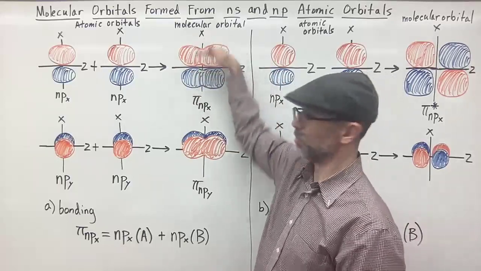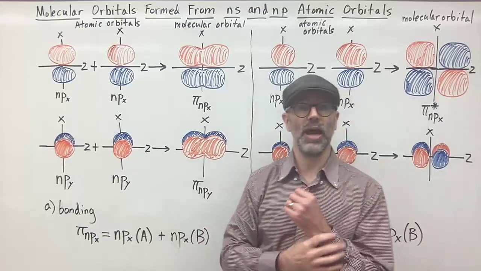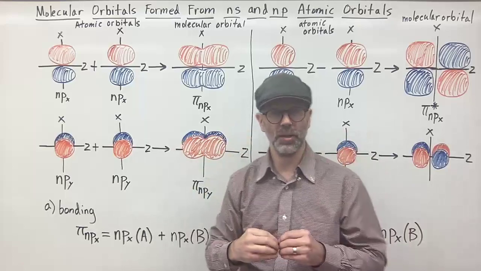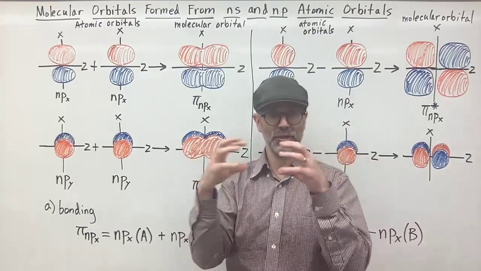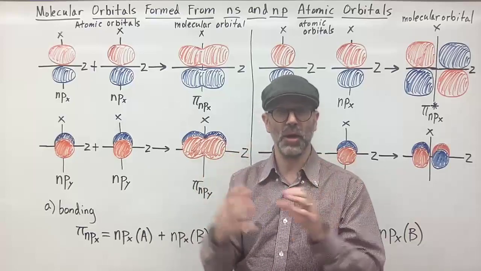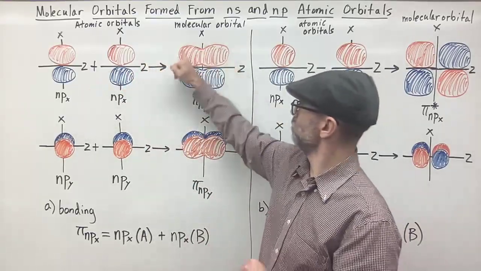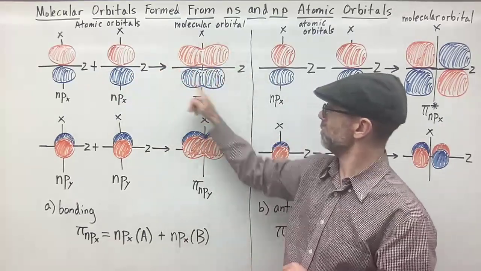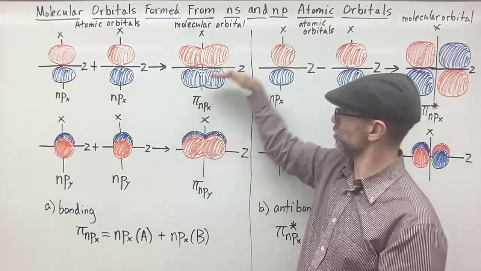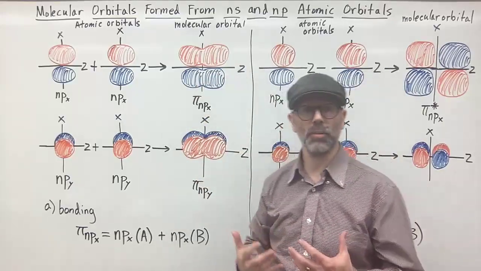It's not internuclear. We said before that internuclear electron density is what we call sigma. But since we have the electron density above and below the internuclear axis, it's going to be a pi orbital.